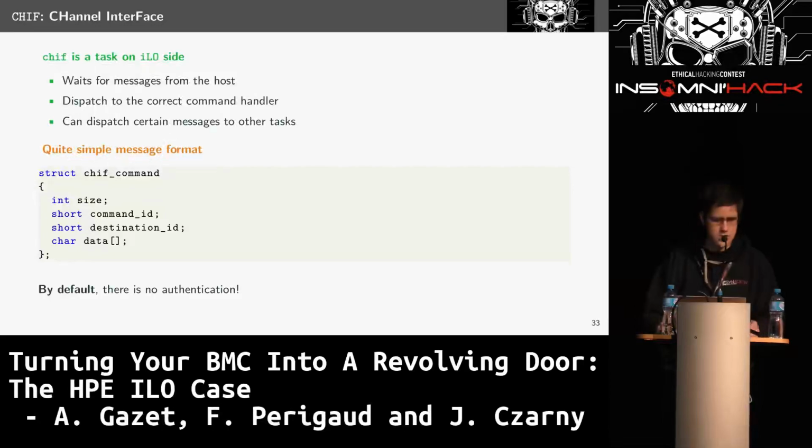The message format is quite simple: a size, a command ID, a destination ID, which says which task should handle the command, and then a data buffer. What's interesting is that by default there's no authentication on this channel. That means that as soon as you have administrative privilege on the host operating system, you can talk to the iLO and configure it without any authentication.